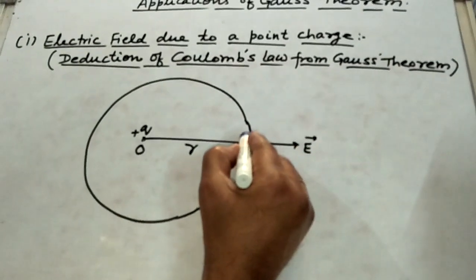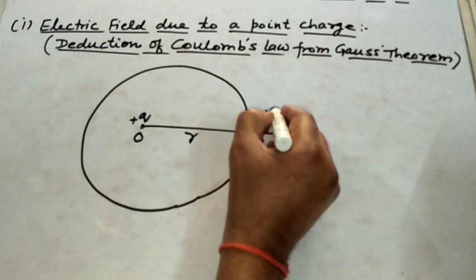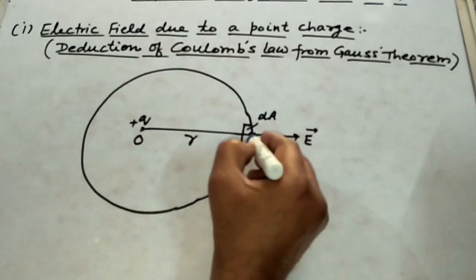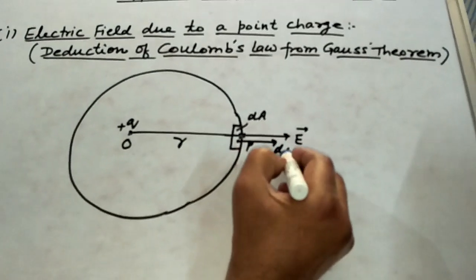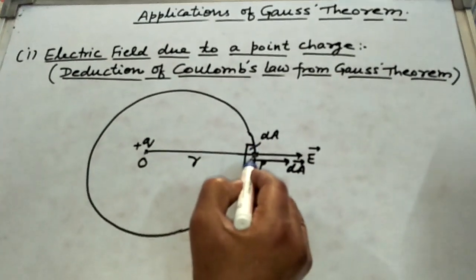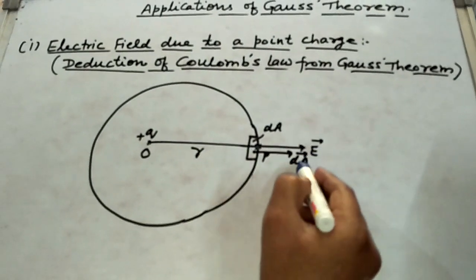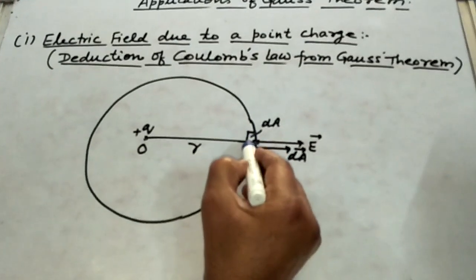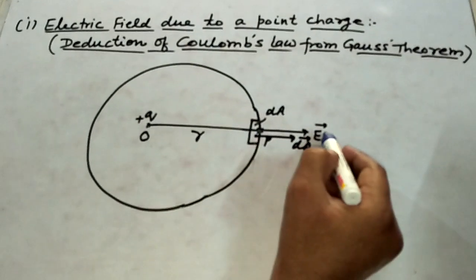And the area vector of this small element, suppose this element is dA, will also be perpendicular to this surface, it means it goes outward. So in this case the electric field and the area vector dA both act in the same direction.